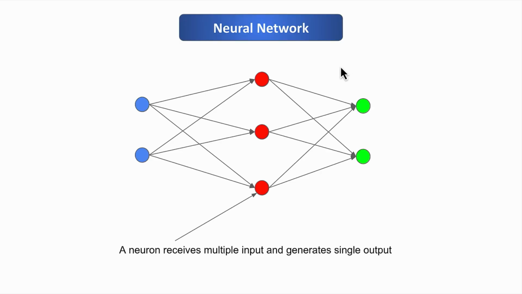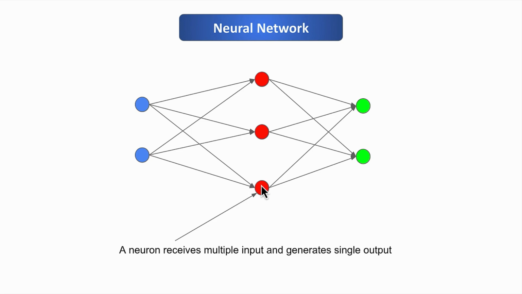So you can see this picture on screen, and it is representing a simple structure of a neural network. You can see these circles and these lines joining them. Here each circle is representing a neuron, and a neuron is a basic unit of a neural network, and it can receive one or more inputs, but it will generate a single output value.